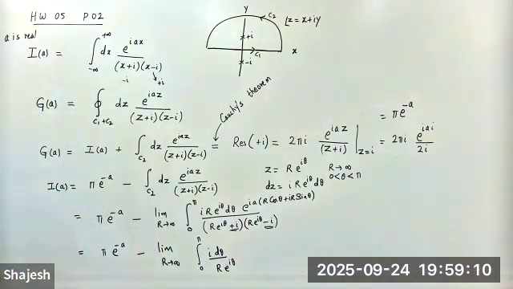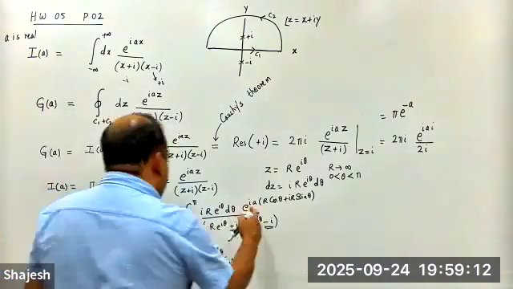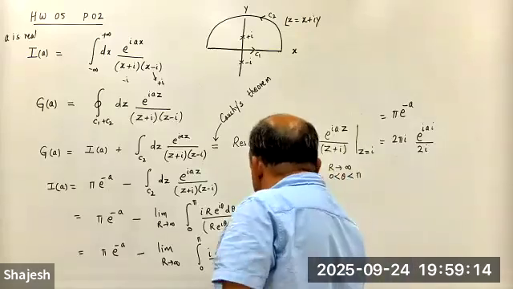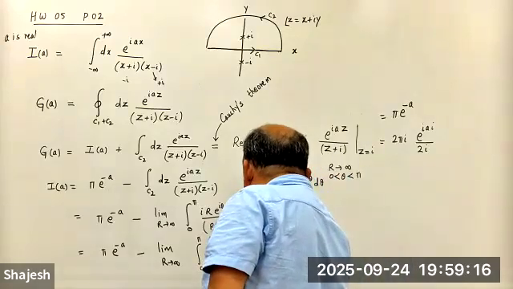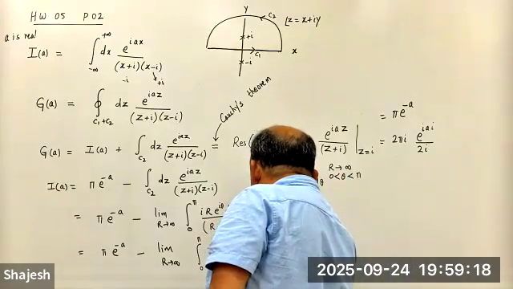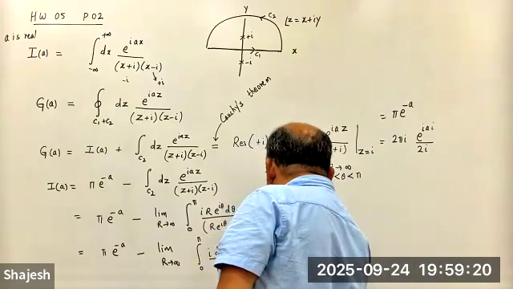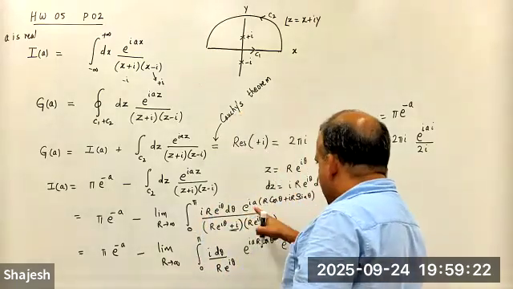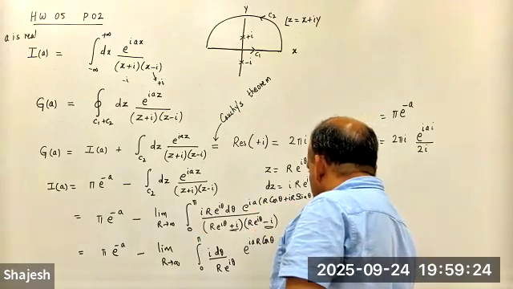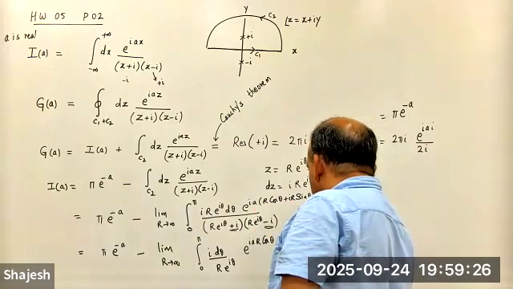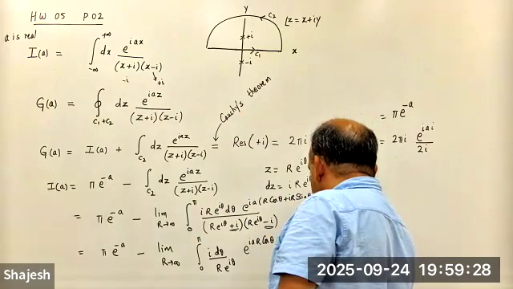When R is really large, what about the exponential here? This is exponential of i a R cosine theta, and this is exponential of i times i, which is minus a, times R sine theta.